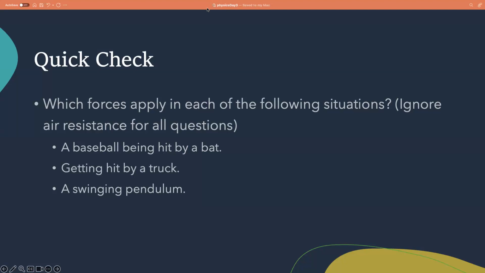So if there's a normal force, if there's gravity, think of everything. If one object's specifically pushing another, list it like that. So, say the force of the bat on the baseball instead of just saying normal force here. I'll give everyone a bit to think about this, and I'll be checking the chat to see if anyone has any answers.